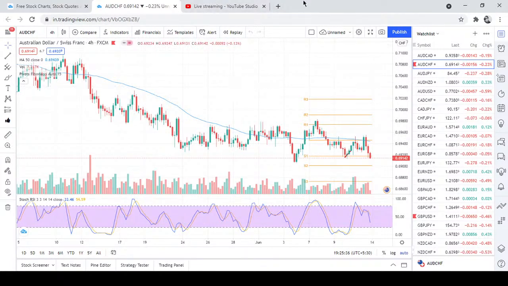So one thing is clear to us that this currency pair AUD CHF is in downtrend. But if I zoom in, and if I tell you to just concentrate on this particular portion, then what do we see here? We can see that overall the trend of the market is towards the downside, but right now we are seeing a sideways market. And as we all know, in a sideways market we get trading opportunities on both sides.